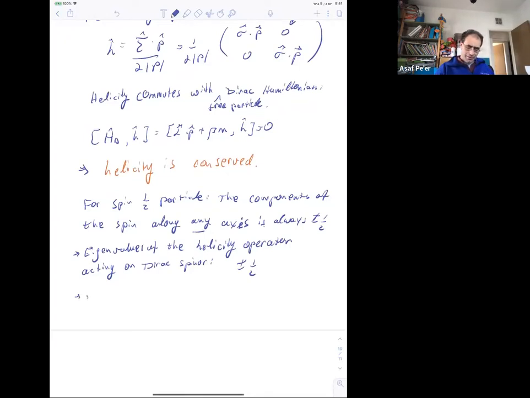So there are two possible helicity states for a spin half fermion.